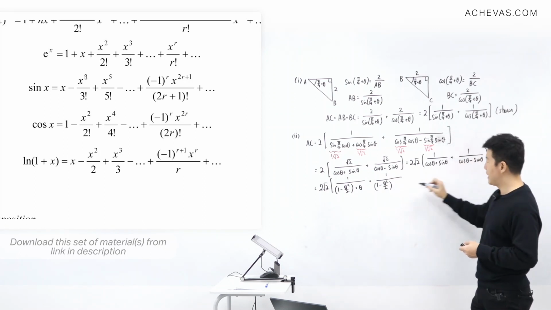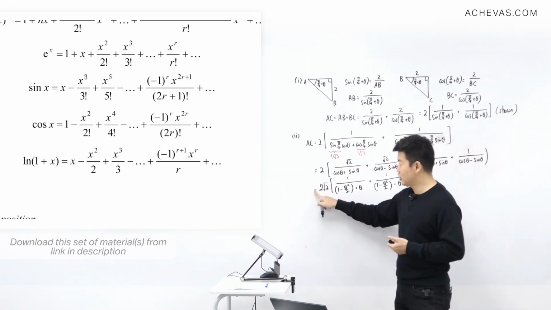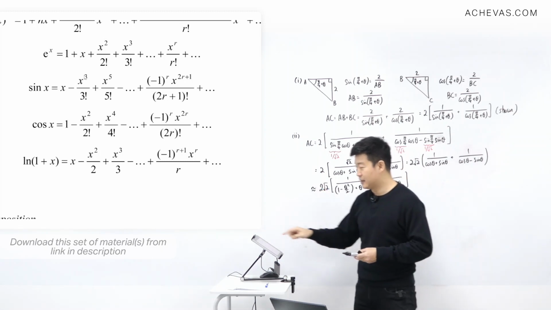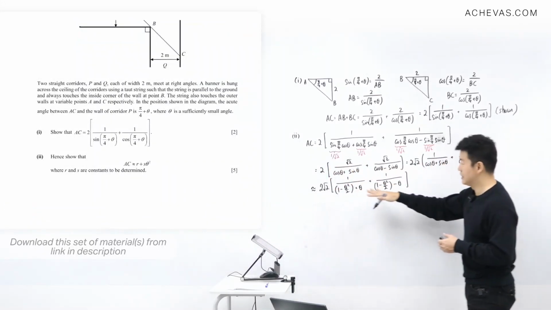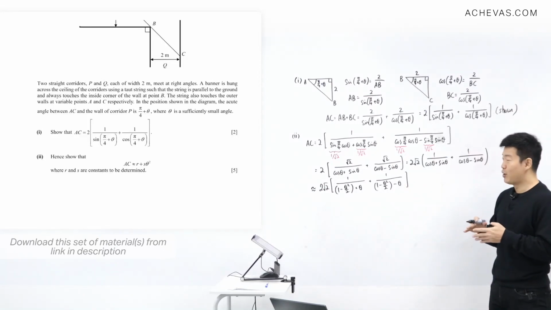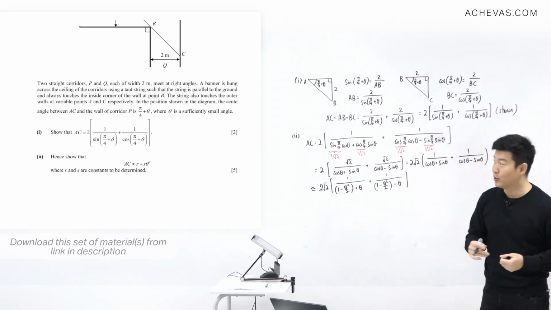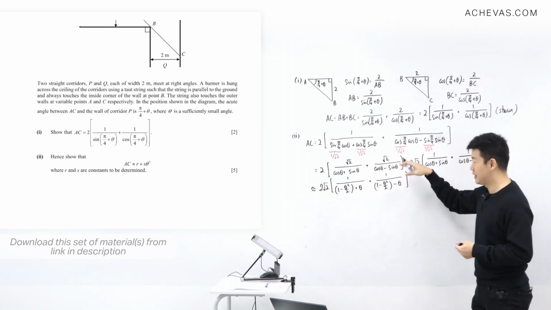Then after that, minus theta. And since we are doing an approximation, I'm going to just change this, just to make sure that I'm indicating the fact that I've already introduced an approximation. And this is just polynomials in the denominator. But we don't want polynomials in the denominator. We want the polynomials to exist only in the numerator so that we can prove what the question wants me to prove. So I'm going to bring the denominator up.